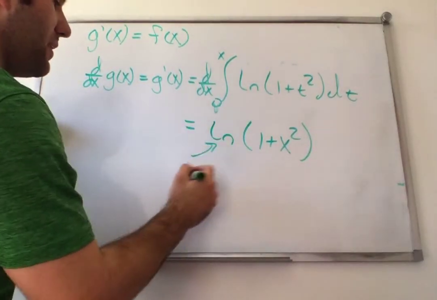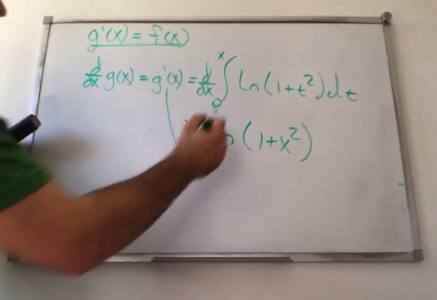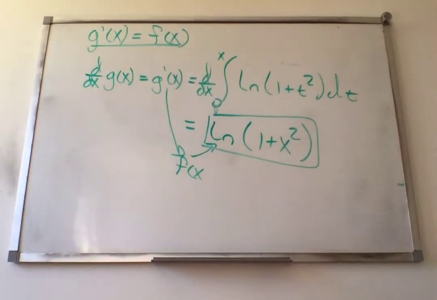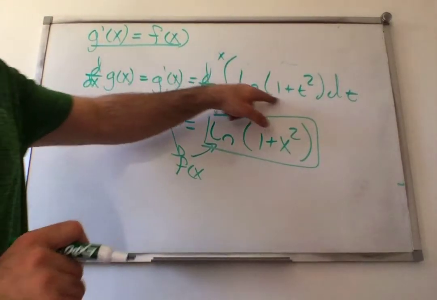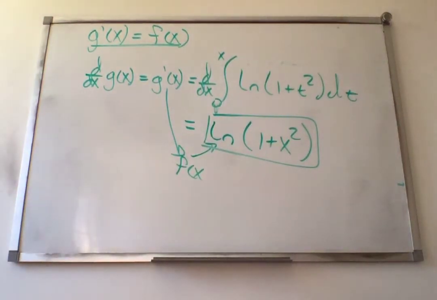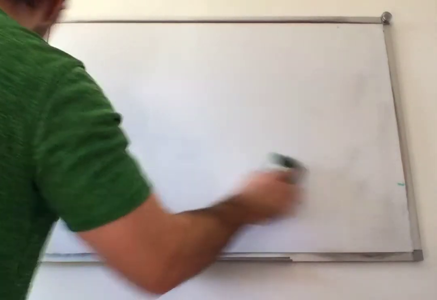This right here would be your f of x. So g prime is equal to f of x right there. All I did was take this x and plug it in.